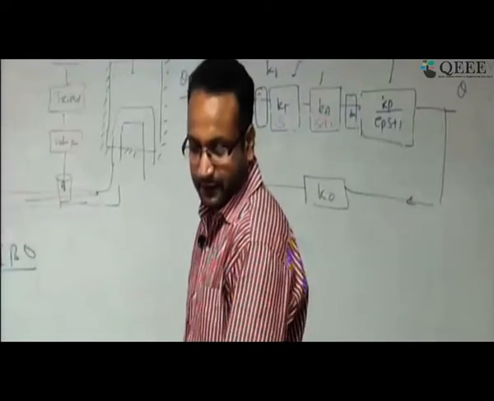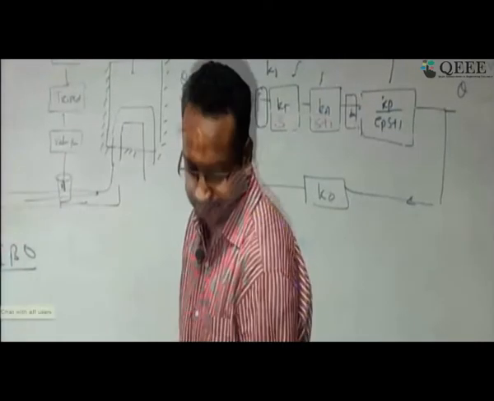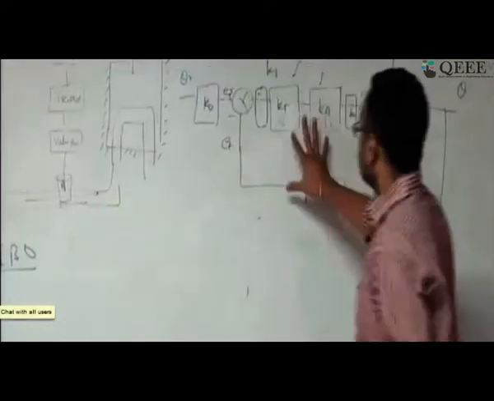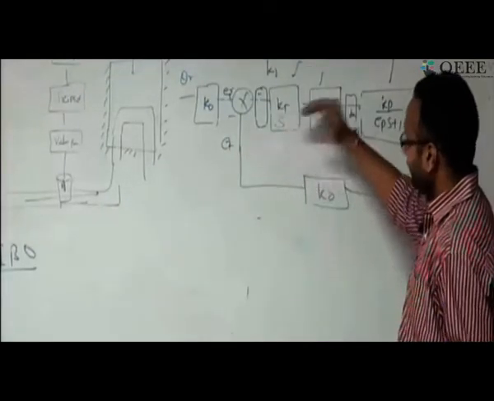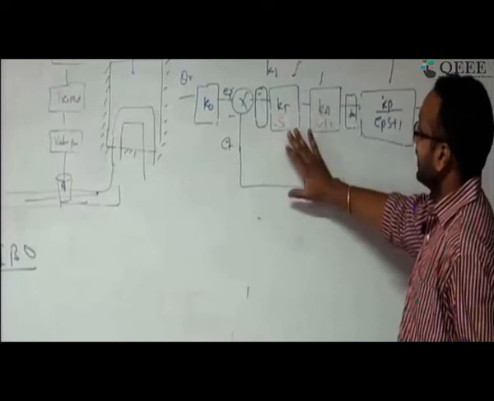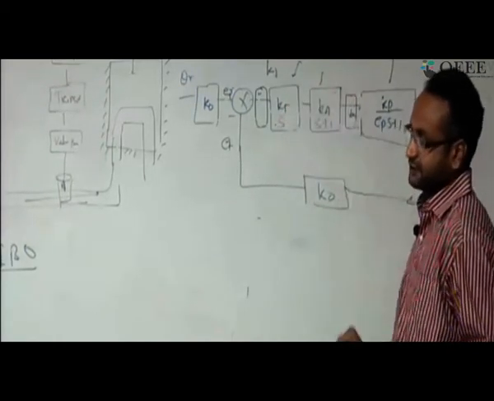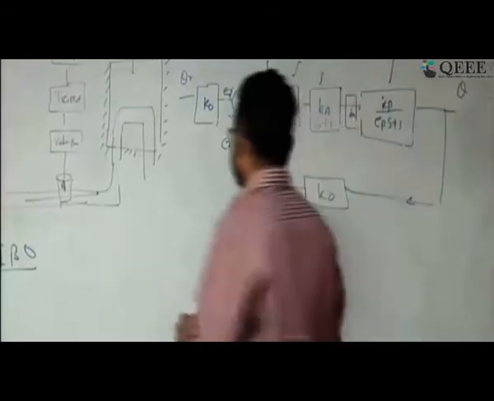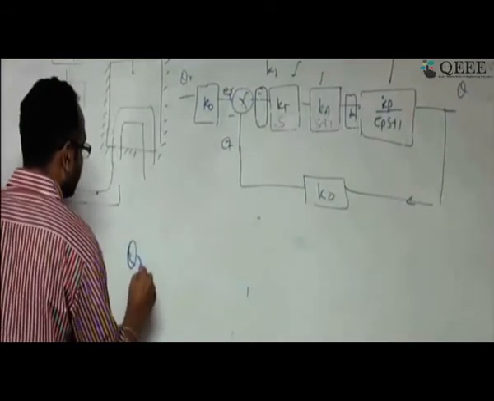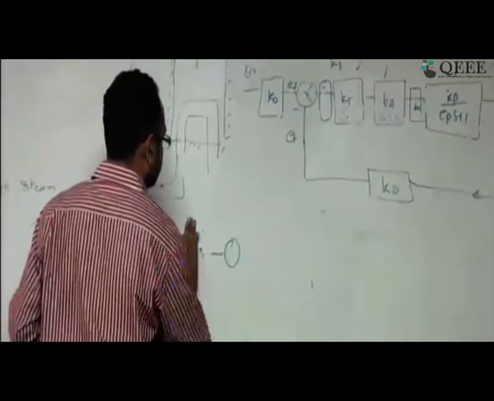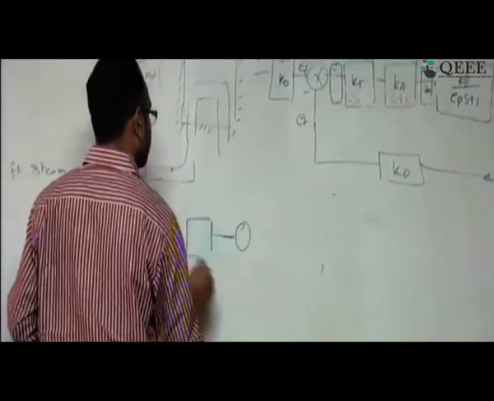If I don't assume the system is zeroth order, then what will happen? For that, let me take a simplified way of illustrating the idea.